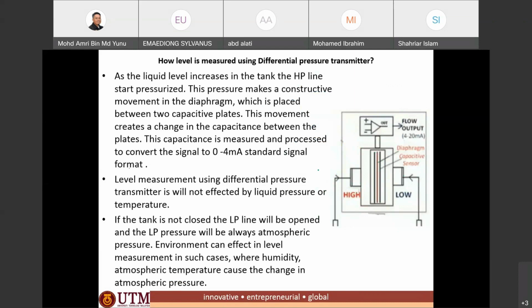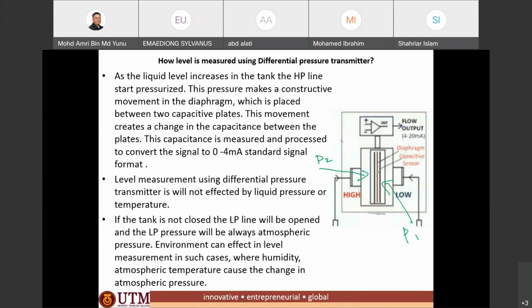The left chamber is exposed to the pressure from the liquid, or from the material in the vessel, and the second chamber is exposed to the open air, or the open space, or the low pressure.